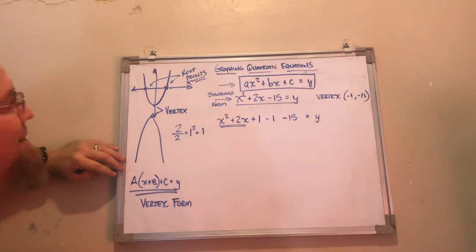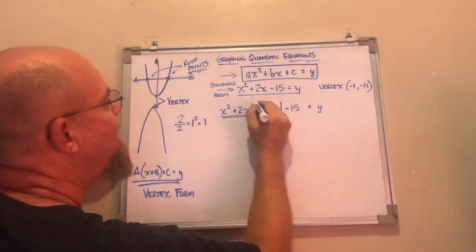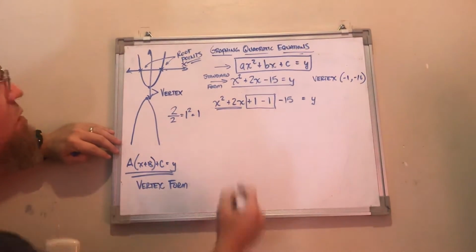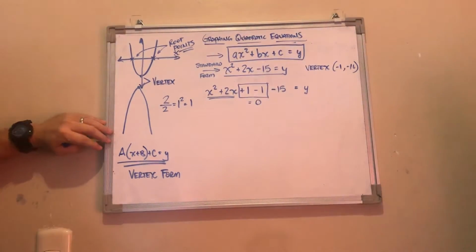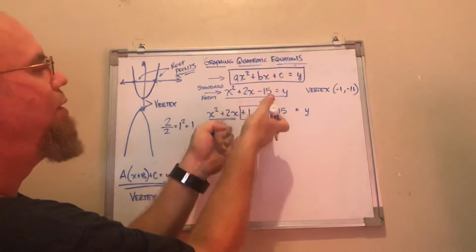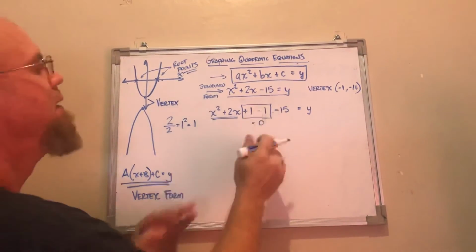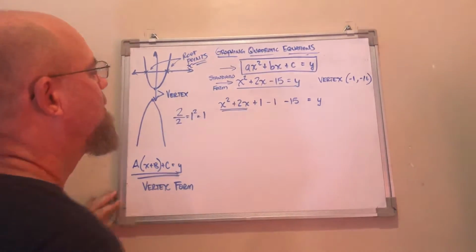Now if you see what I just did, I added 1 to this side, and I subtracted 1 from this side. So what is 1 minus 1? Well, that equals 0. So all I've done is I've added 0 to this side of the equation, okay?